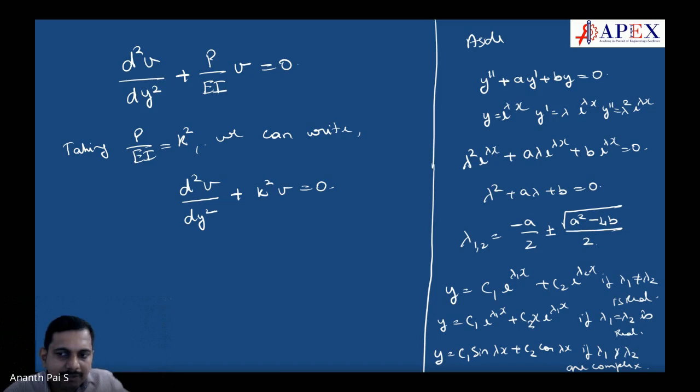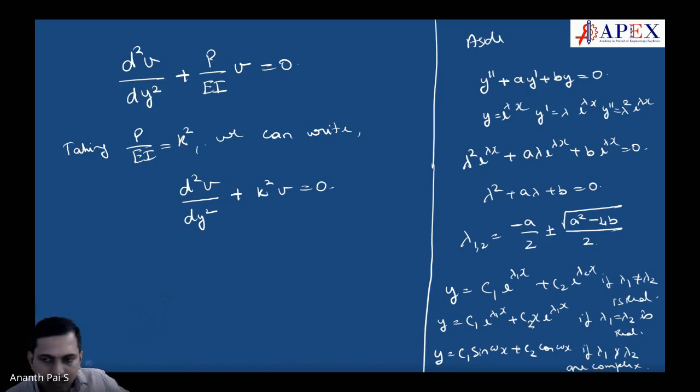It becomes complex when 4b is greater than a square. So when it is complex, it is c1 sine omega x plus c2 cos omega x. That omega we have to calculate.